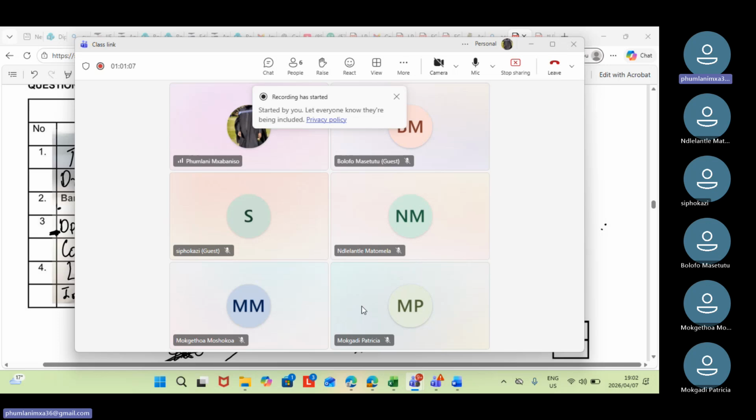Try to reflect. You did get your term 1 report. Try to reflect and say, how can I improve from this subject? Whether it's maths, physics, accounting, business. And mostly, guys, try to forget about your teacher. Talk to yourself and say, how do I get maybe the desired percentage on maths or accounting?